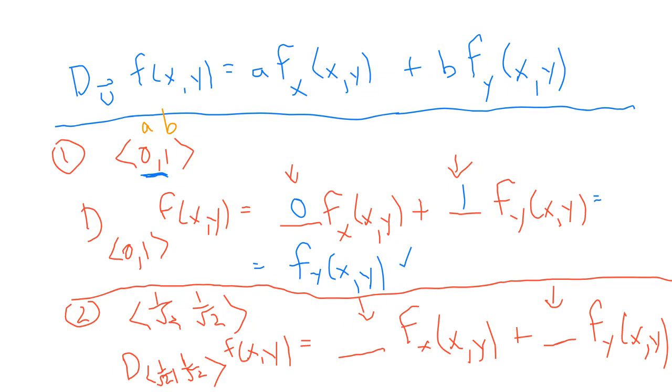Okay, good. Both 1 over root 2. So it seems that the partial derivatives with respect to x and y, in a sense, have equal influence on the rate of change of the surface in the direction of this vector 1 over root 2, 1 over root 2.